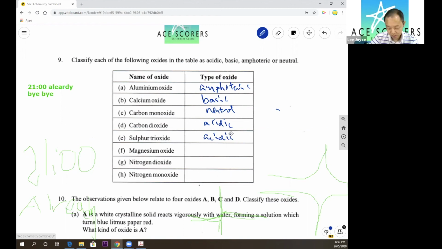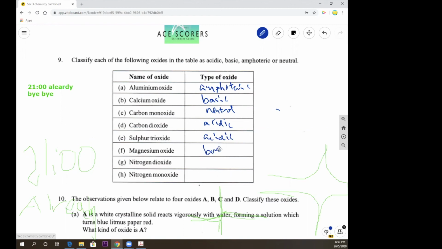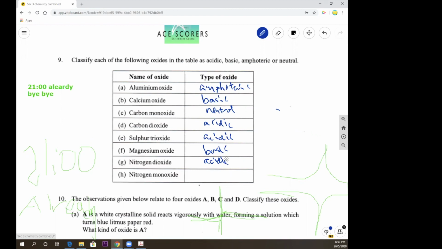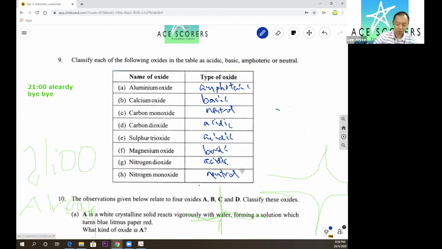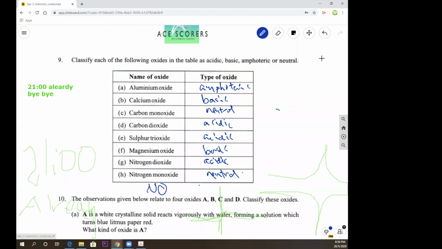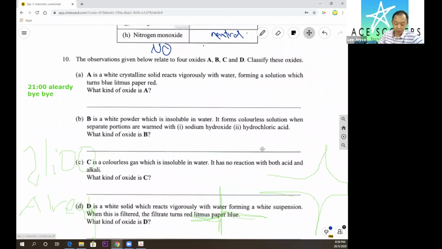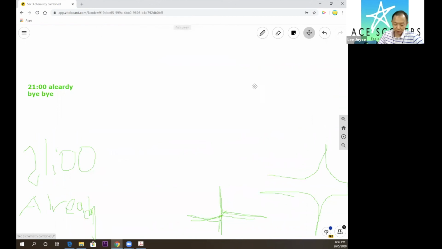Magnesium oxide: basic. Nitrogen dioxide: acidic. Nitrogen monoxide: neutral. It's like got 1 oxygen and 2 oxygen. Okay, so you see the rest is classified, and we're done.